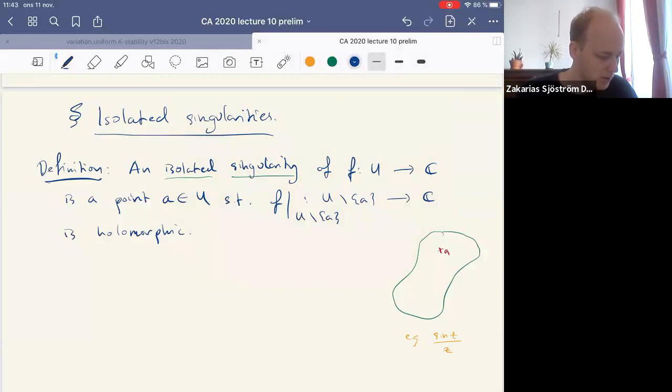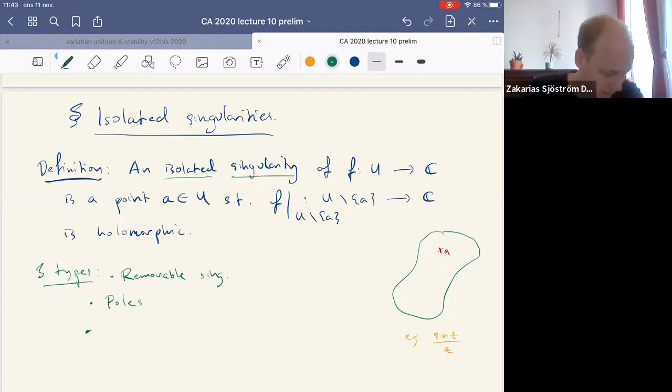Okay, so three types of these singularities. So there's the removable singularity, there are the poles, and there are the essential singularities.